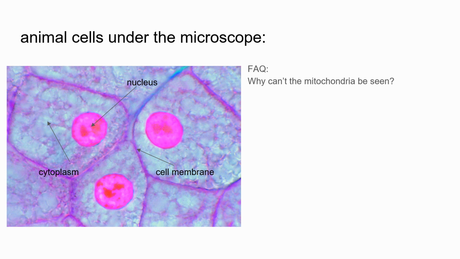If you want to know the detailed structure of mitochondria, you would need an electron microscope to view it in detail. But if you want to see it through a light microscope, you would need to stain the specimen first in order to see the mitochondria.